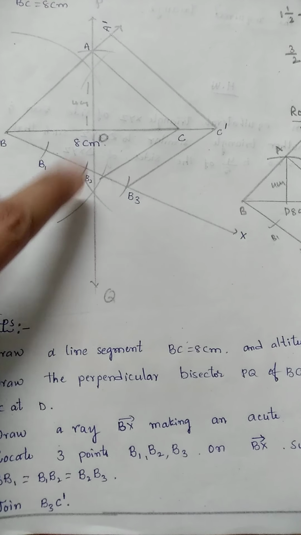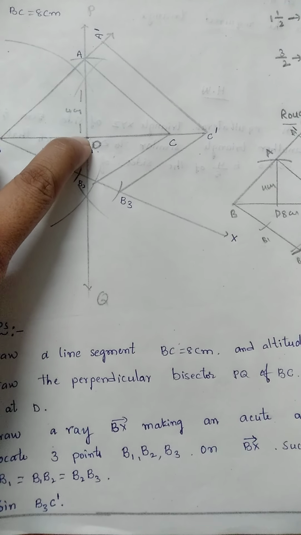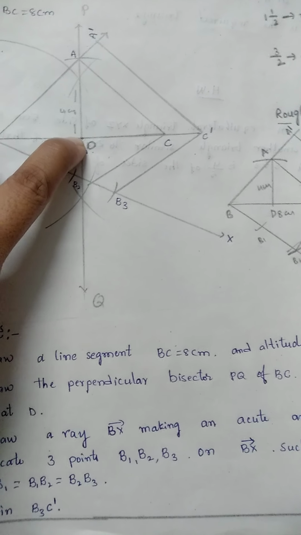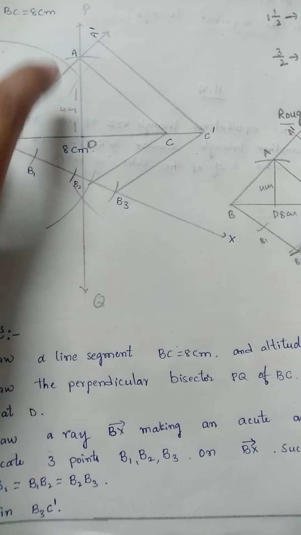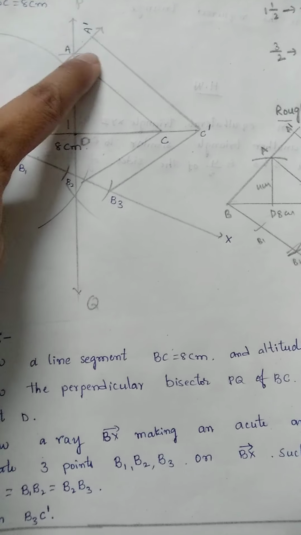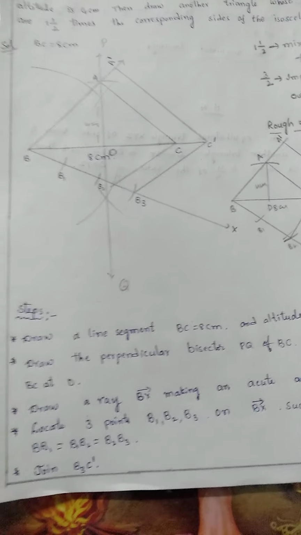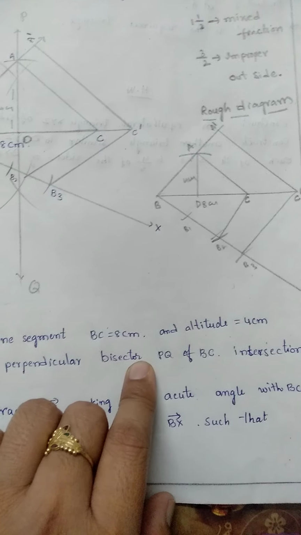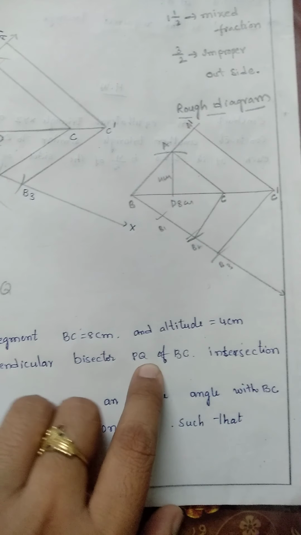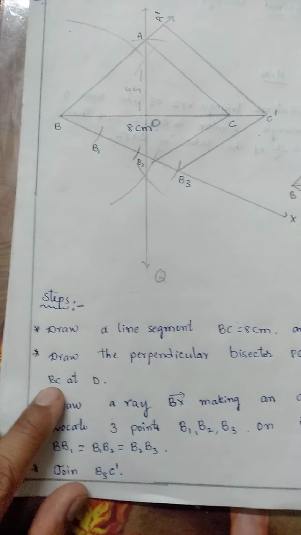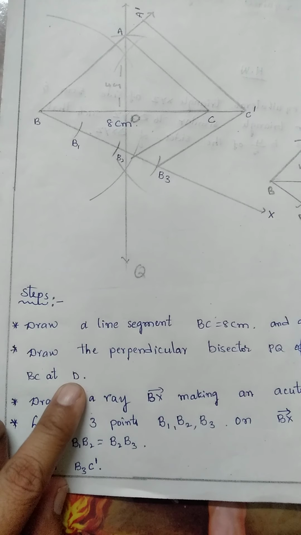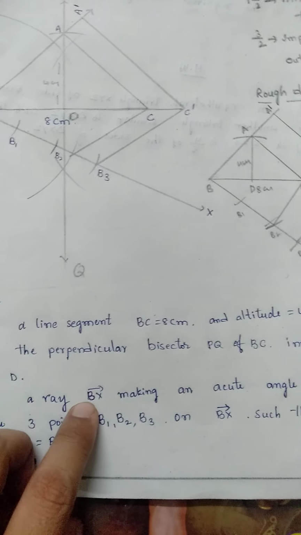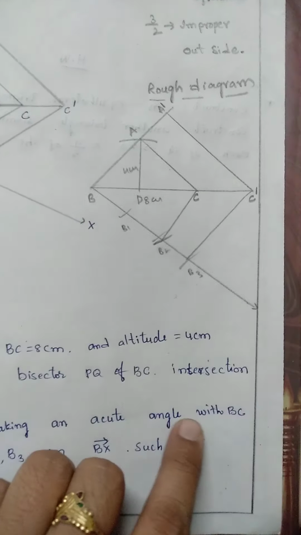Next it is D, the intersection on the BC line segment, then altitude A to D is 4 centimeters. One arc draw. Observe the diagram, draw the perpendicular bisector PQ of BC intersecting BC at D.